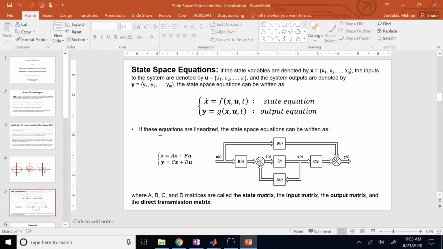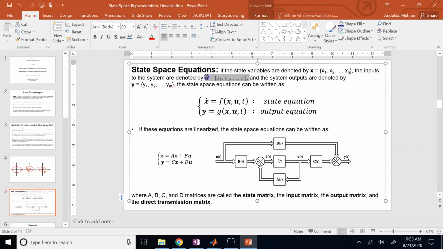Good. So now that you are motivated, let's talk about how we can get this representation, because we know about transfer functions. What about this? So here I do it first very general. Assume that your system has R inputs, so it's a multi-input, multi-output system.